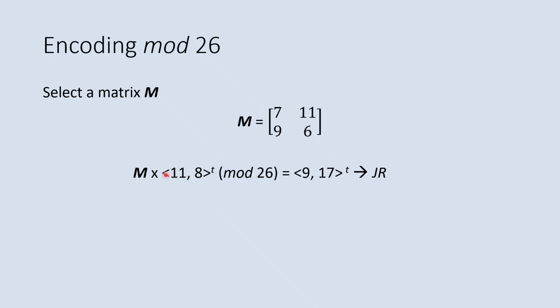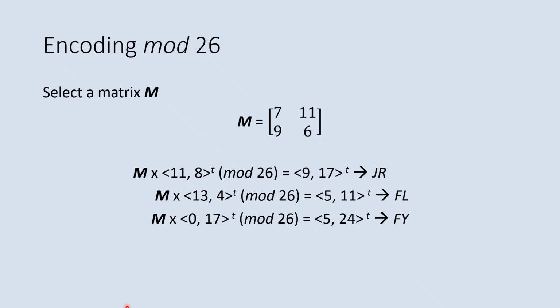So Li is 11, 8. We will multiply the matrix by that vector. It's the transpose of that vector because we need a column vector the way we're multiplying on the right. Do this calculation mod 26, and 11, 8 becomes 9, 17, and 9, 17 corresponds to the letters JR. So Li becomes JR. Do that for the next 2 and the 2 after that.